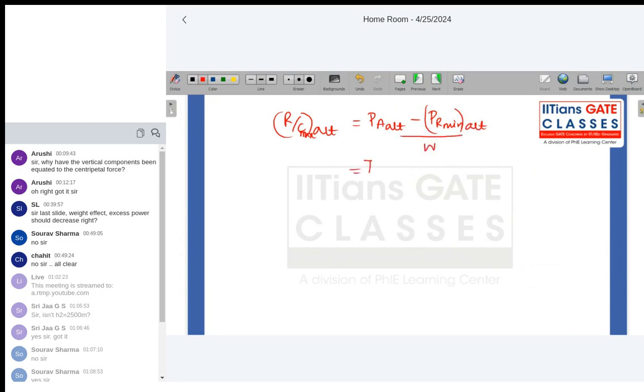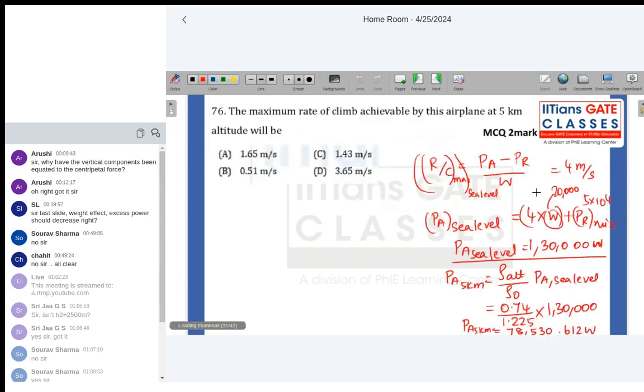Power available is 78,530.612, power required minimum is 5 into 10 power 4 watts, divided by weight, 20,000 Newton. So we get rate of climb equal to 1.426 meter per second, approximately 1.43 meter per second. So option C is the correct answer.